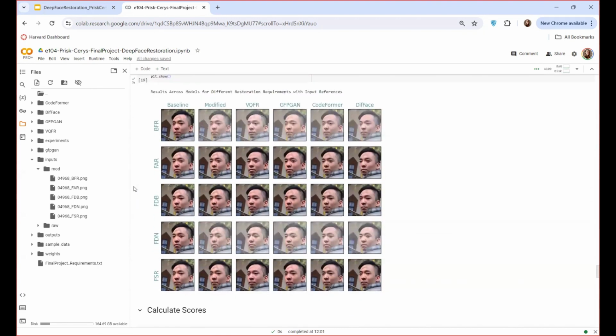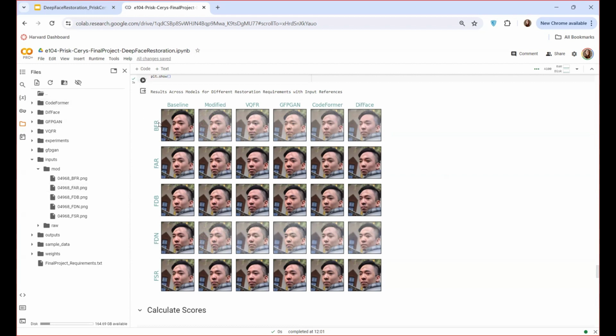I then plot these images showing the baseline image, my modified version, and then each of the 4 models.